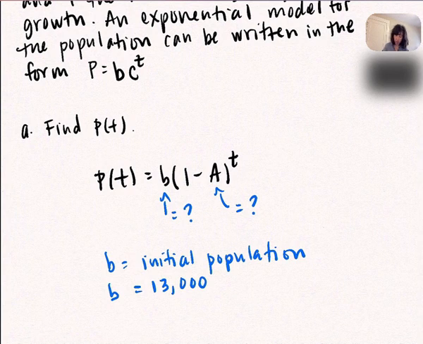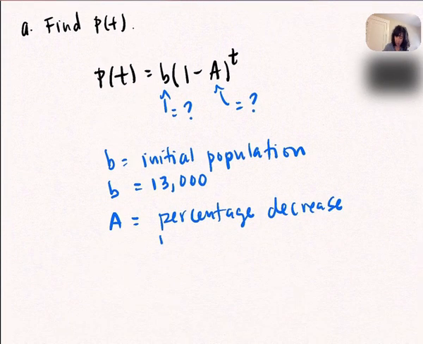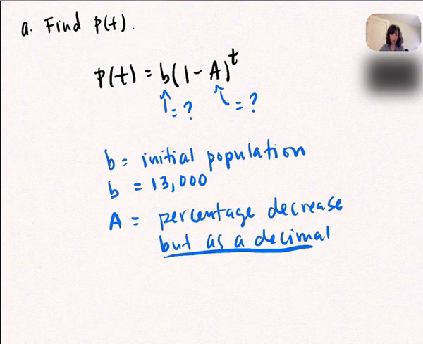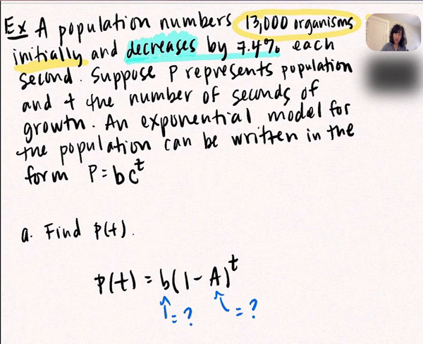What about capital A? Well, capital A is going to be the percentage decrease, but as a decimal. So let's look back up here. We're told that the population decreases by 7.4% each second.